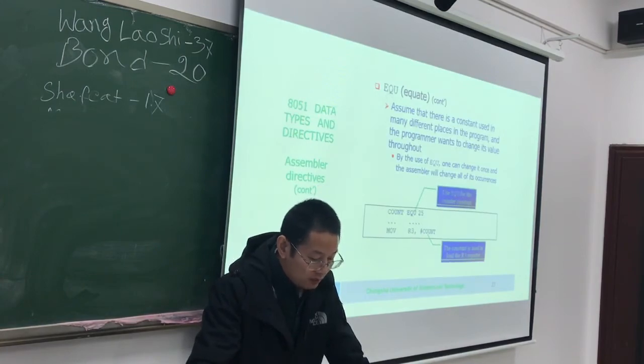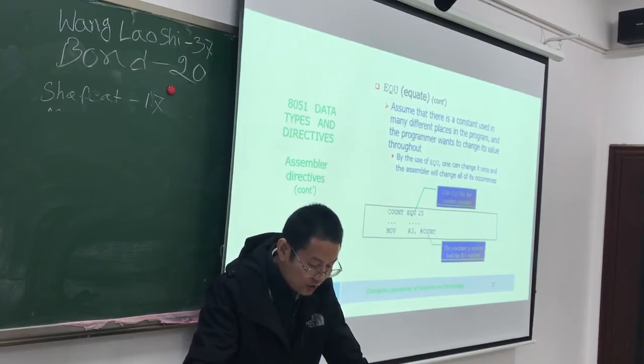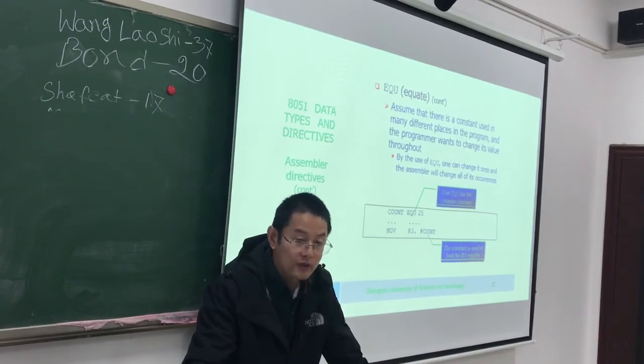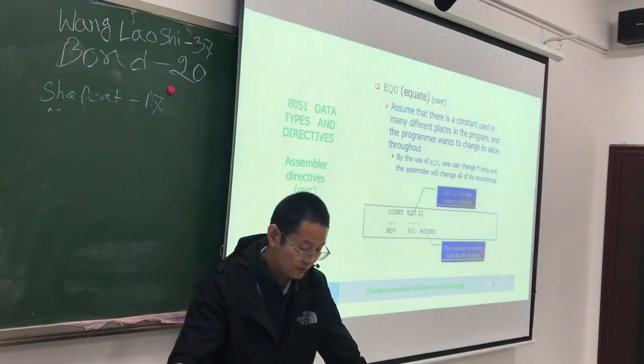EQU. Assume that there is a constant used in many different places in the program, and the programmer wants to change its value throughout. By the use of EQU, one can change it once, and the assembler will change all its occurrences.